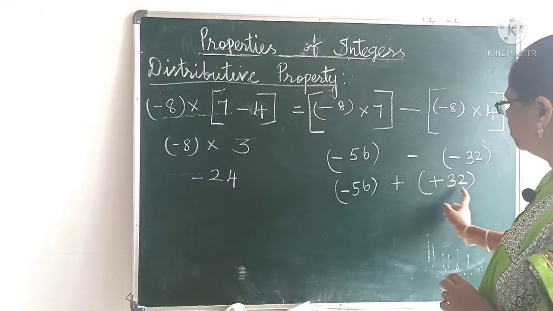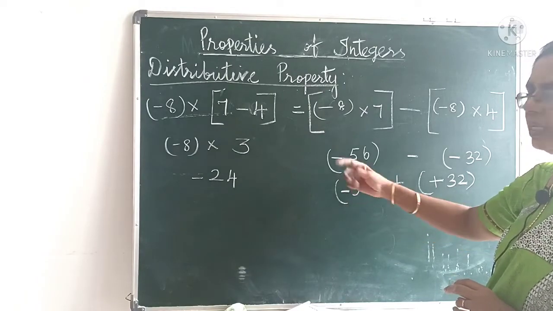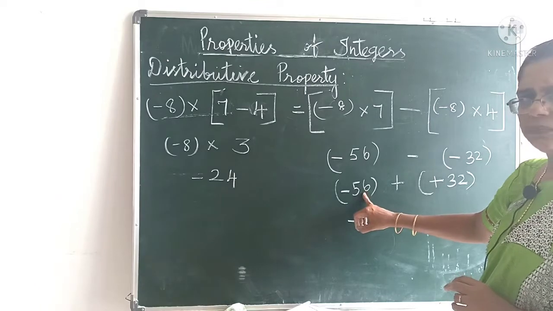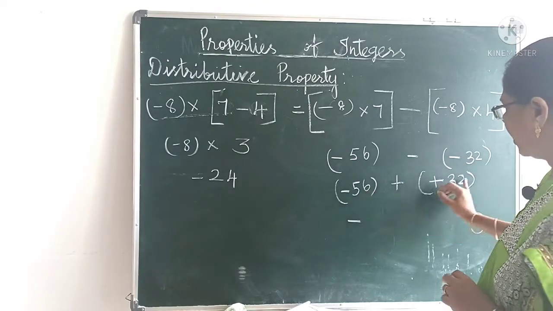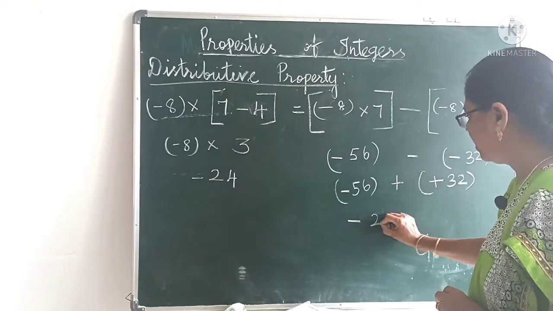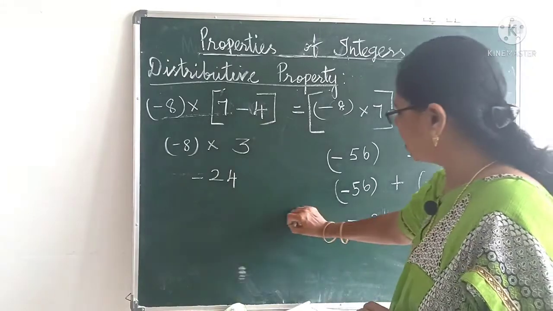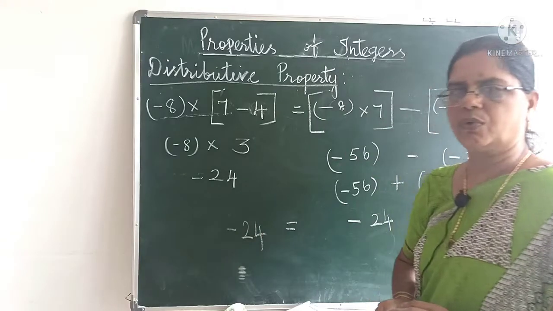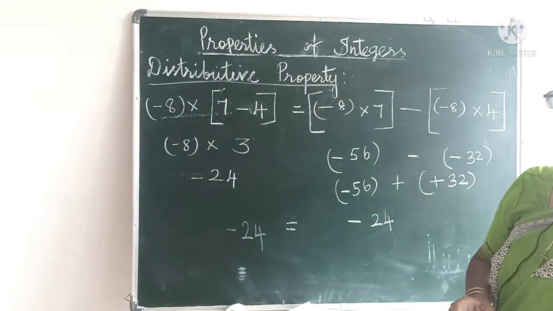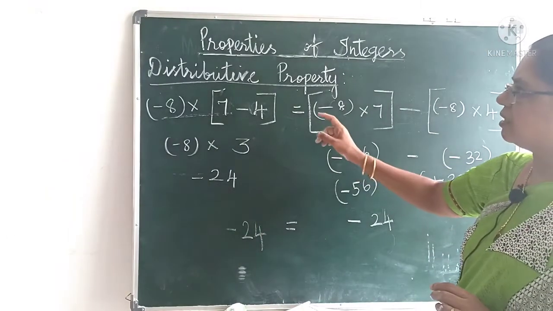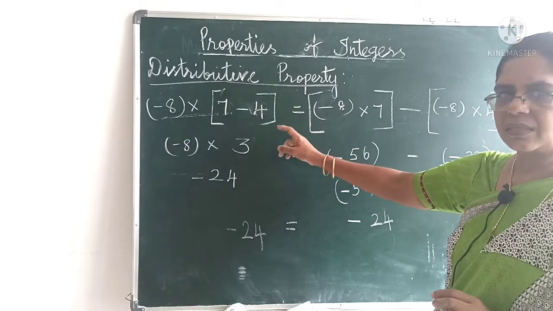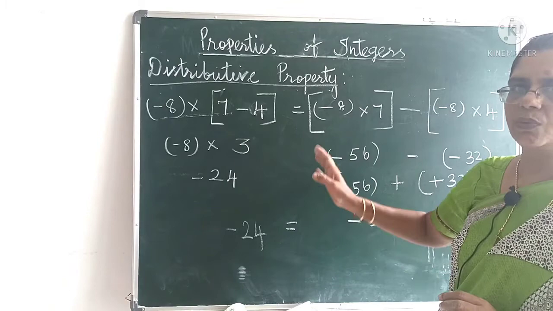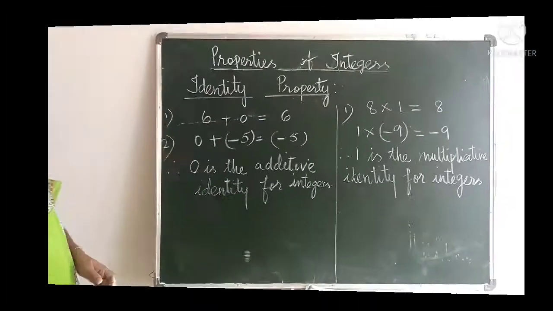Now both are integers with different signs. So put the sign of the bigger integer and then find out the difference. Difference will be 24. On both the sides you have got minus 24. So we say multiplication of integers distributes over subtraction. Multiplication of integers distributes over addition also.